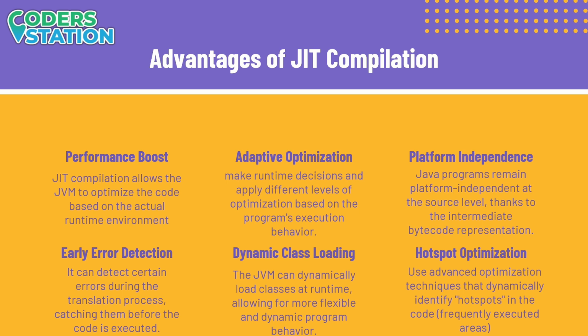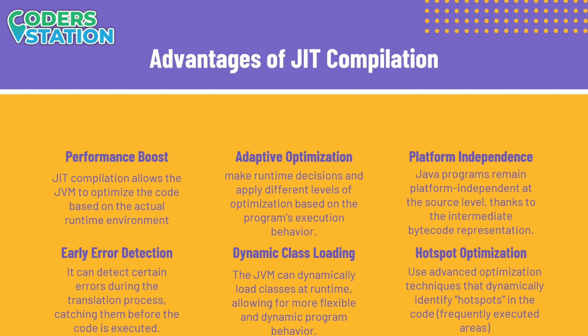Then platform independence. This is a very key feature, as you all know about it. Despite generating platform-specific native codes, Java programs remain platform independent at the source level, thanks to the intermediate bytecode representation. Then early error detection. This is a very important feature that Java has provided.